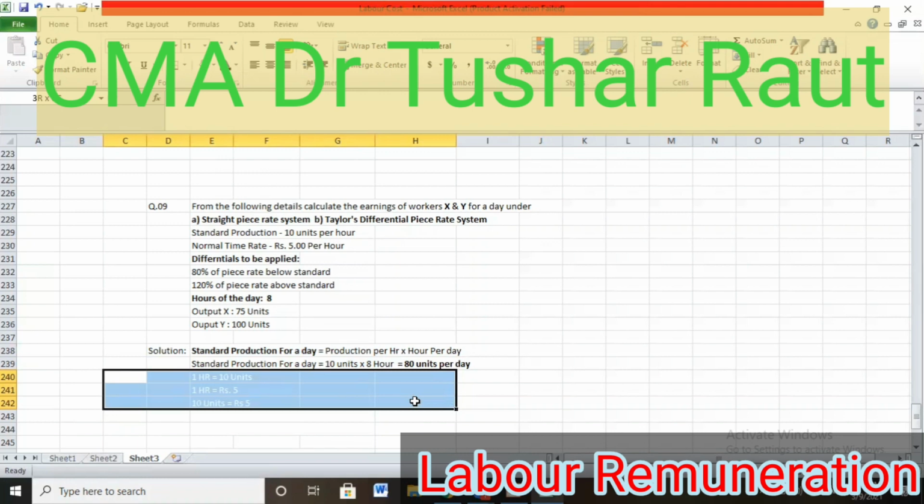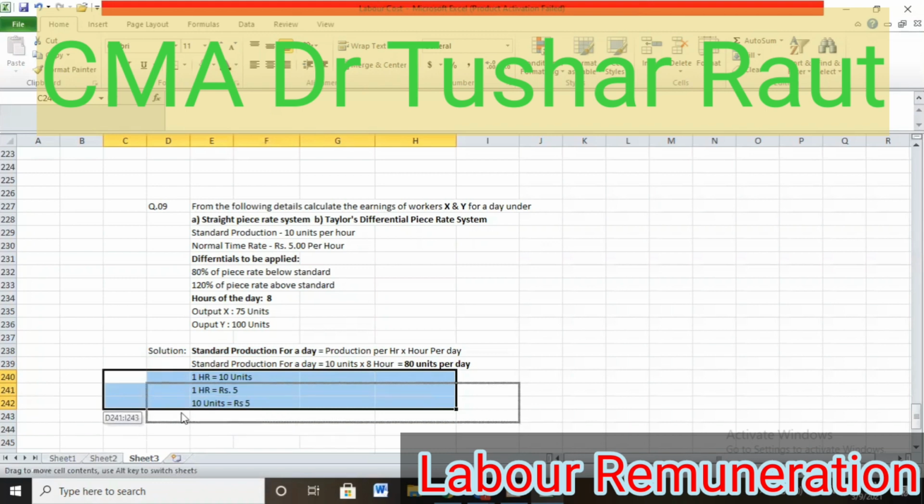Thereafter, normal time rate is ₹5 per hour, but sometimes we require a piece rate, as the straight piece rate was asked. So for piece rate, we need to convert it: 1 hour is equal to 10 units and the rate for 1 hour is 5. Then for 10 units, it will be ₹5.